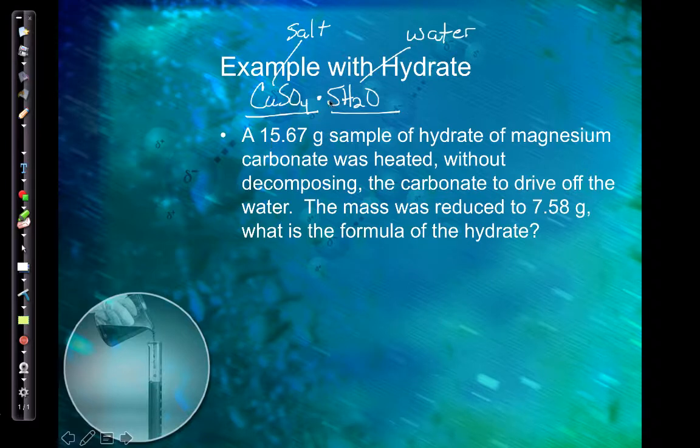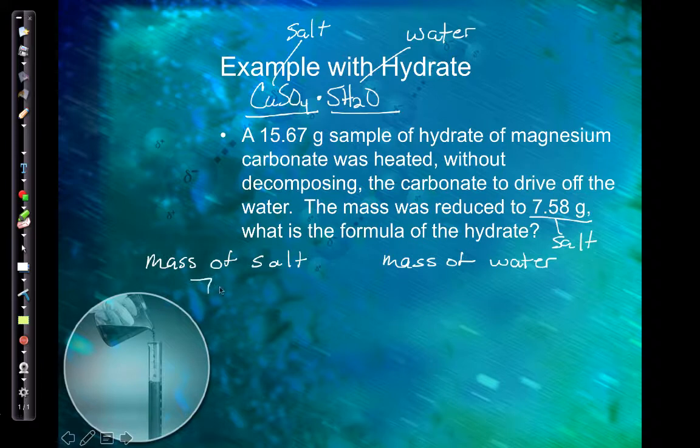That's the total mass, the mass of the entire hydrate. And then after we heat it, it goes down to 7.58 grams. So this should just be the salt by itself, the magnesium carbonate. So we're going to get 2 things. We're going to get the mass of the salt, and then we need the mass of the water.